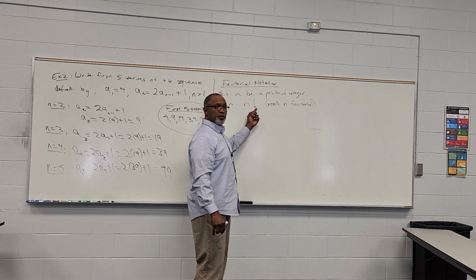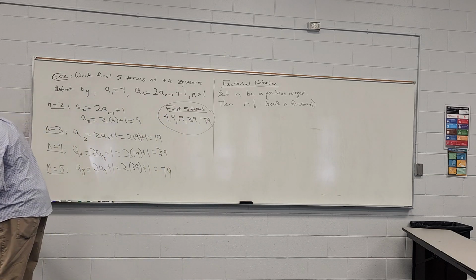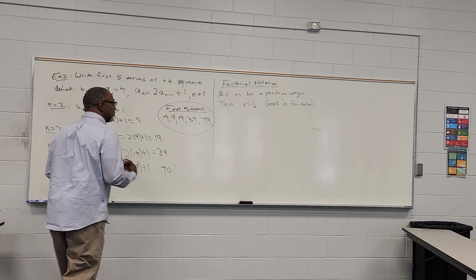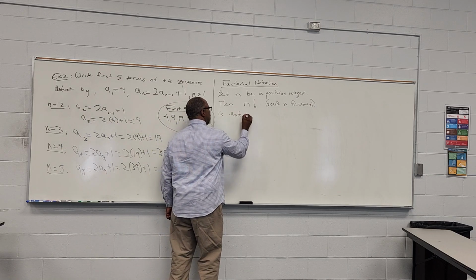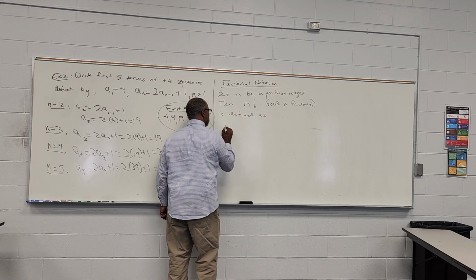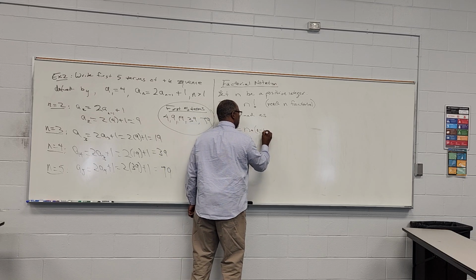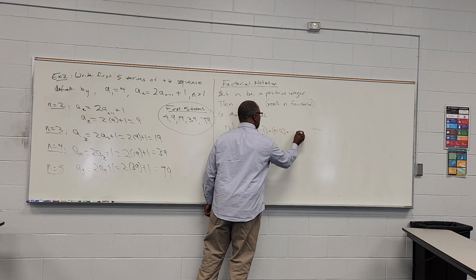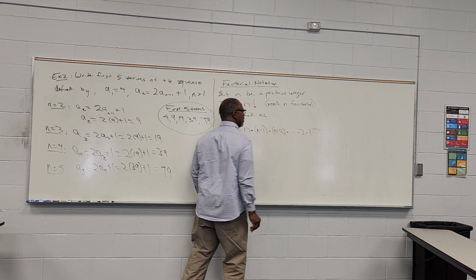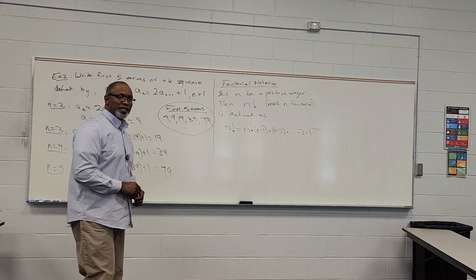So n factorial is defined as n times n minus 1 times n minus 2 times dot dot dot times 2 times 1. Okay? That's how we define it. This is called n factorial.